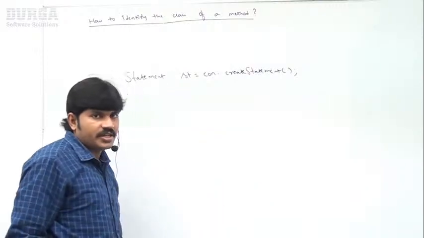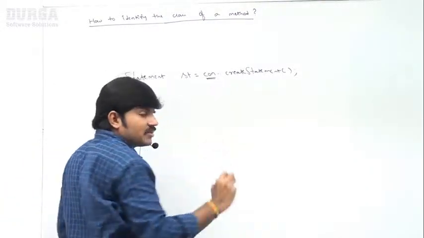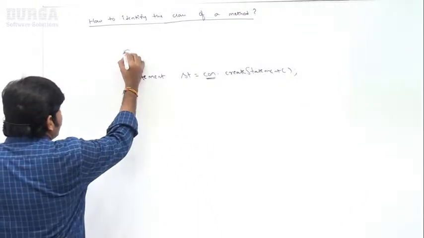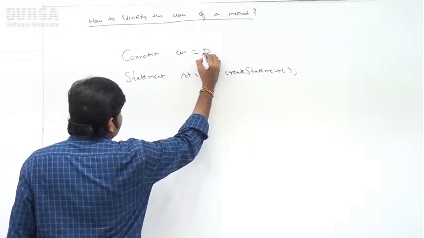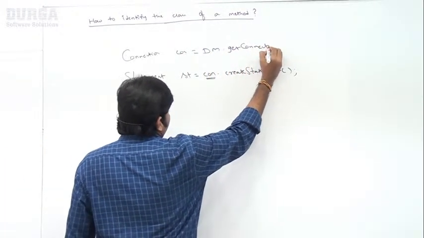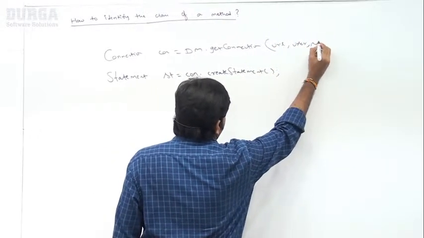Are you getting? Statement st is equal to con.createStatement. Con is not a class name. Con is what type? Connection type, an object reference. DriverManager.getConnection with URL, user and then password.